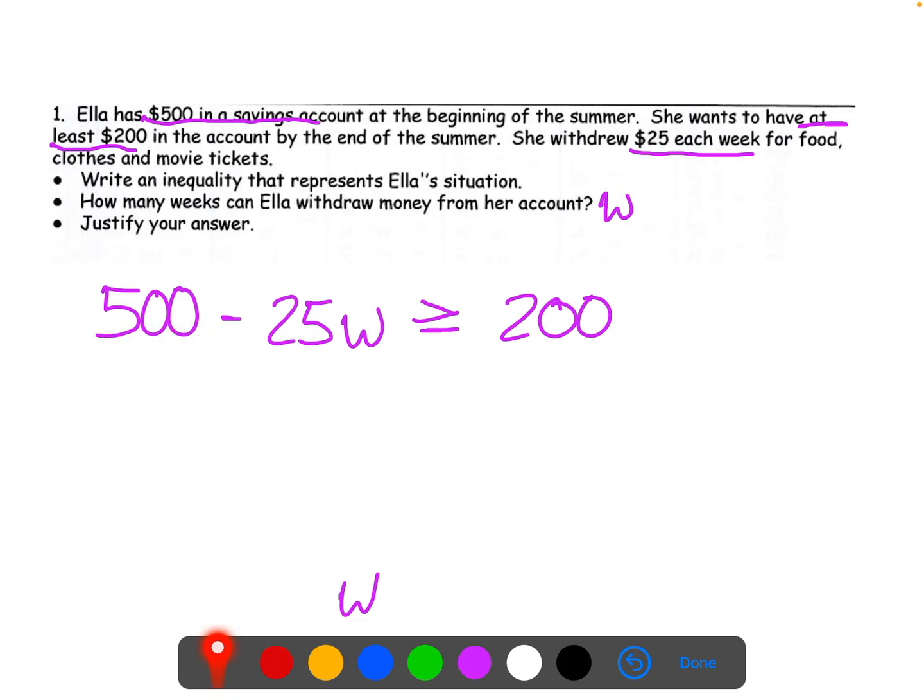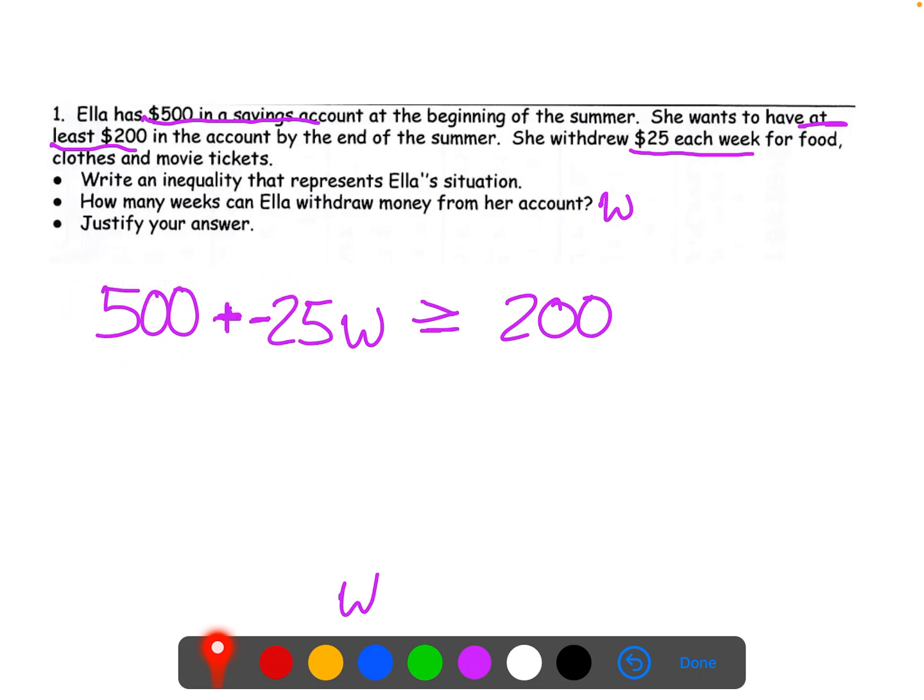So what we need to do is get rid of this 500, but we need to think of it a little bit differently. Since we can't reverse the order of subtraction, we can reverse the order of addition if we turn this into an addition problem. Now remember, we can turn that into an addition problem if we add the opposite amount. So if we make this 25W negative, then we still have an equivalent expression here. Now that it's addition, we can look at this as removing this plus 500.